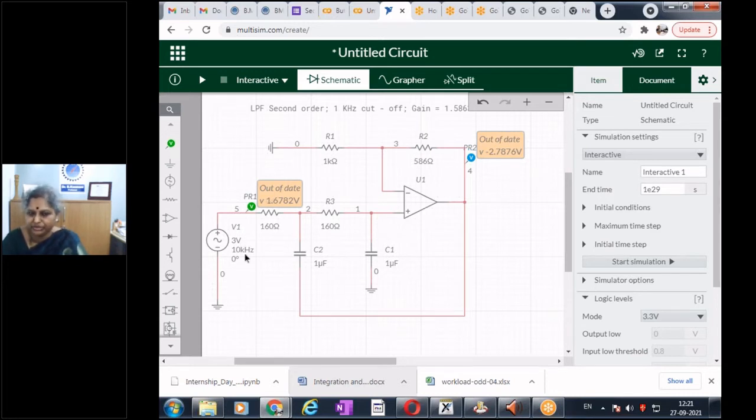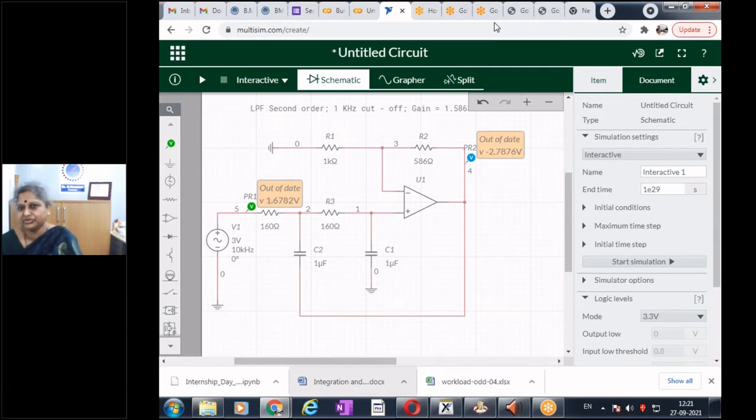I retain my amplitude as 3 volts and look at the output. Please run the circuit and share the result on WhatsApp so that I can see your output.